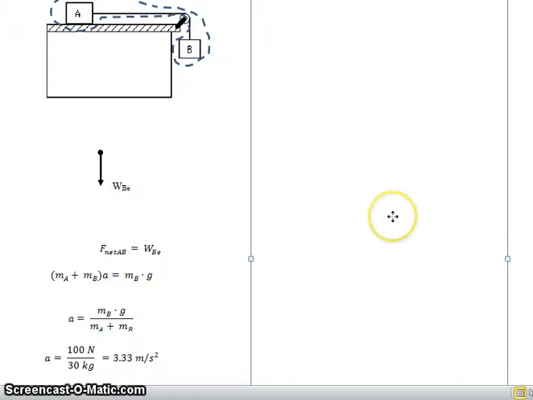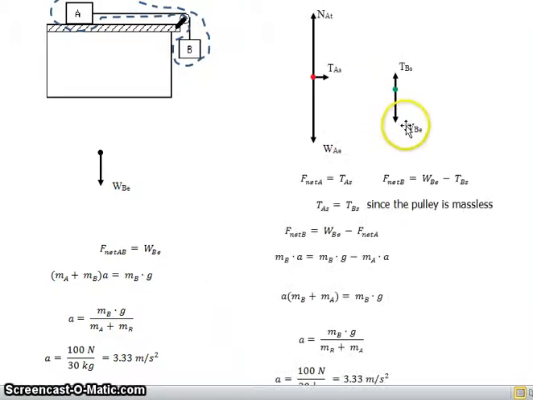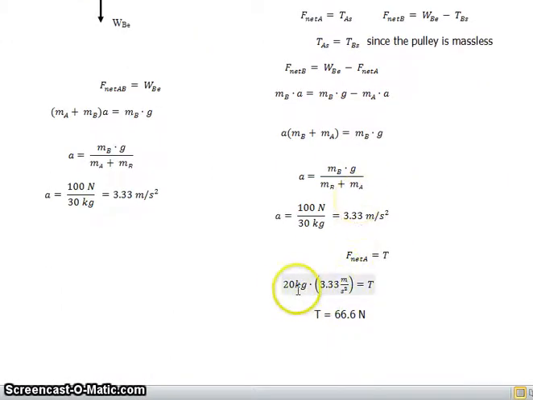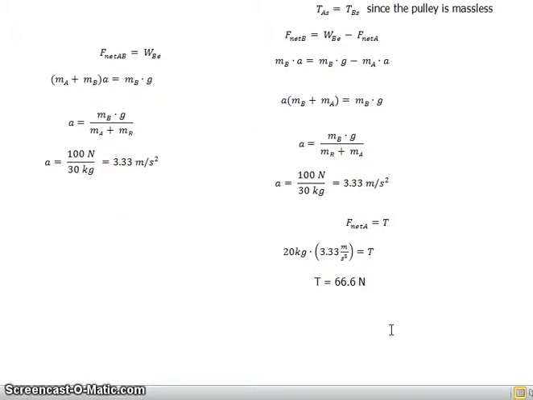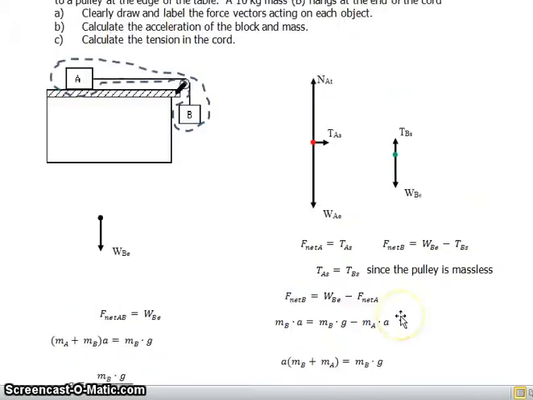So that means I'm going to have to come back over here and draw another free body diagram after I figure out the acceleration, either the one for B or the one for A. I think it's actually easier to solve for A. And so then I would come right down here where it has 20 kilograms. F net of A equals tension, so 20 kilograms times 3.33 equals the tension, and I get 66.6 newtons.